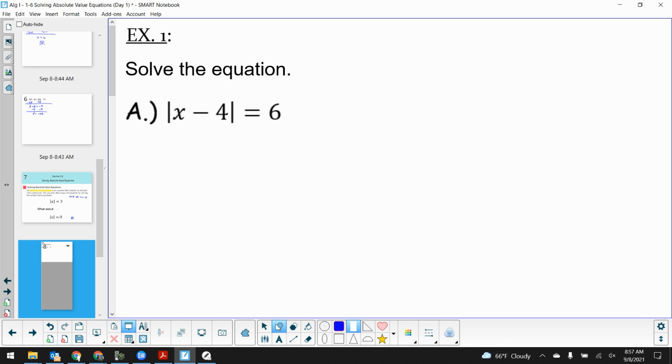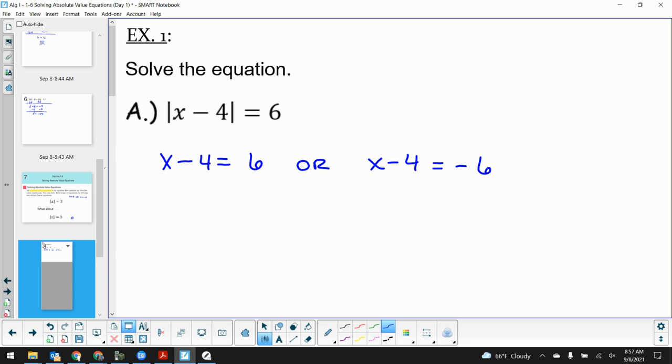If I put a white box in here, what two values could go in that white box? Negative 6 or positive 6. So what we just said is that the thing inside the absolute value is either equal to 6 or negative 6. And that's how we create our equations.